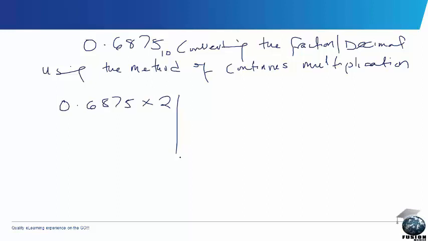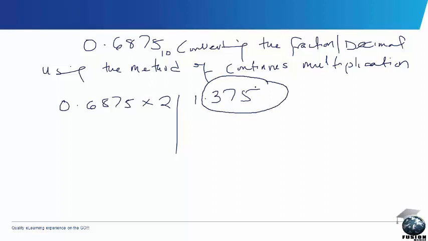Then you have 0.6875 multiplied by 2. It gives you another number altogether, which you write on the other side: 1.375.